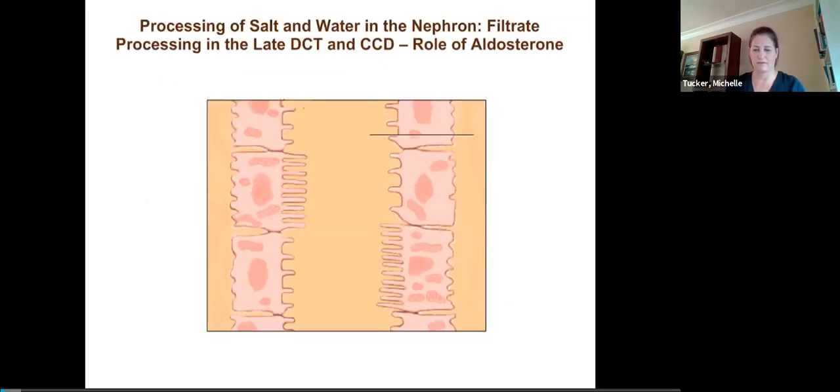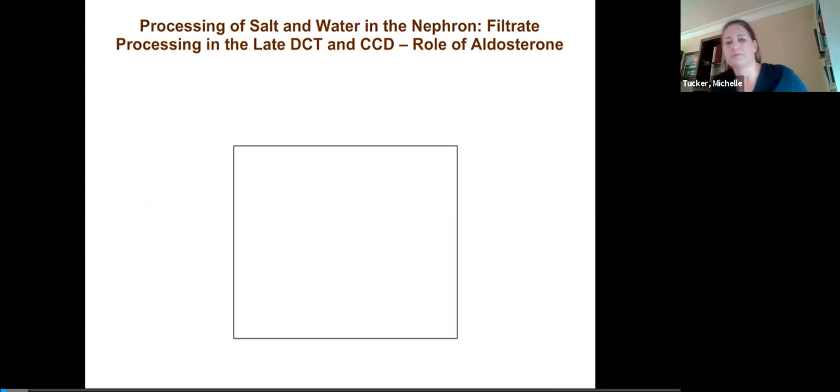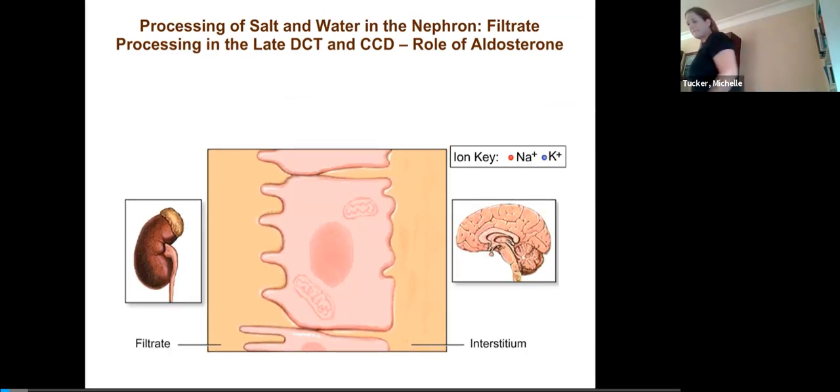The permeability of the principal cells to sodium ions in water is controlled by 2 hormones, aldosterone from the adrenal gland and antidiuretic hormone, or ADH, from the posterior pituitary gland. Let's first look at the role of aldosterone, which precisely regulates the final amount of sodium reabsorbed.